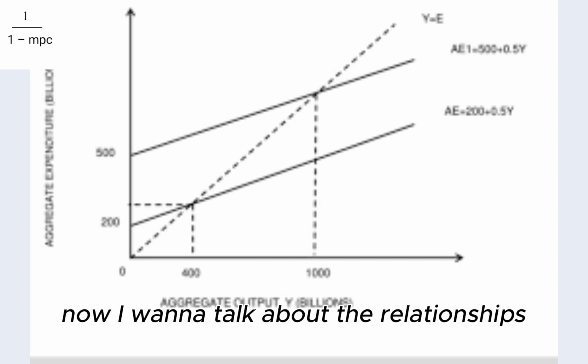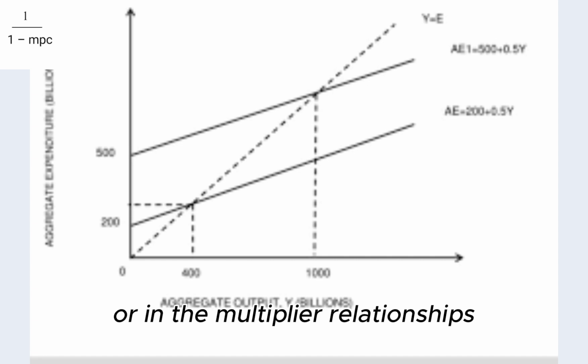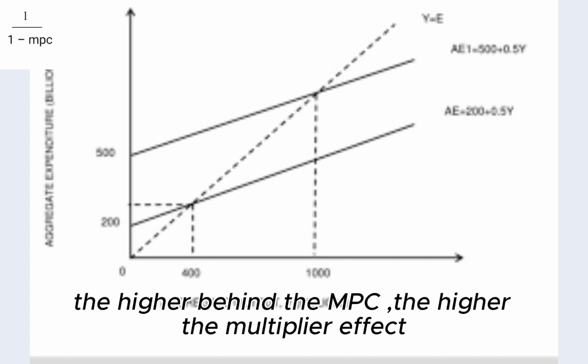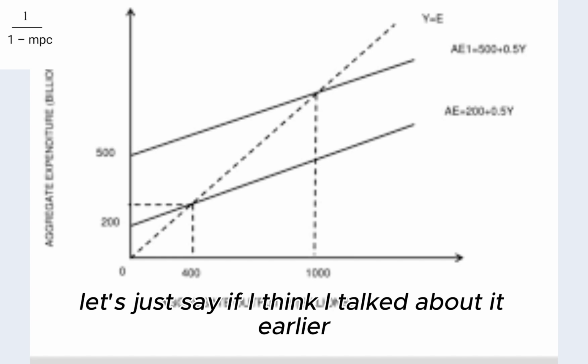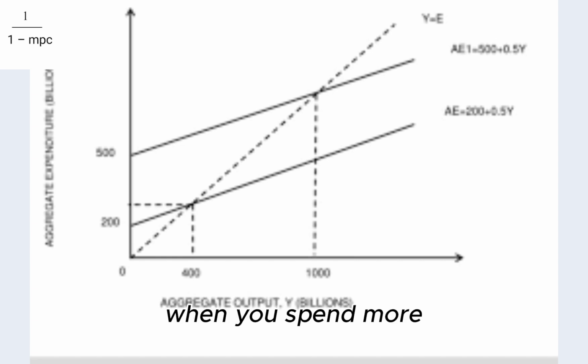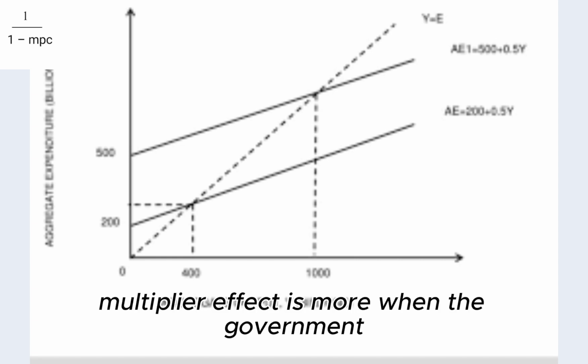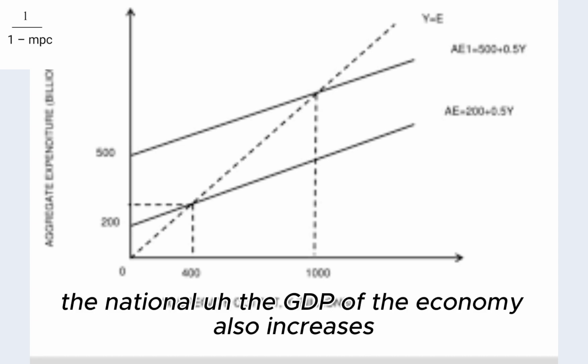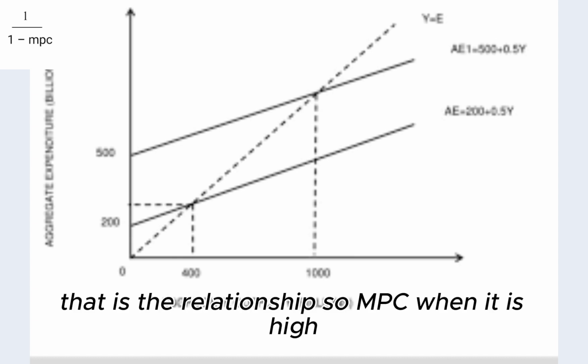Now I want us to talk about the relationships in the multiplier. You have to understand that the higher the MPC, the higher the multiplier effect. I think I talked about it earlier: when you spend more, the multiplier effect is more. When government expenditure is high, the GDP of the economy also increases. That is the relationship.